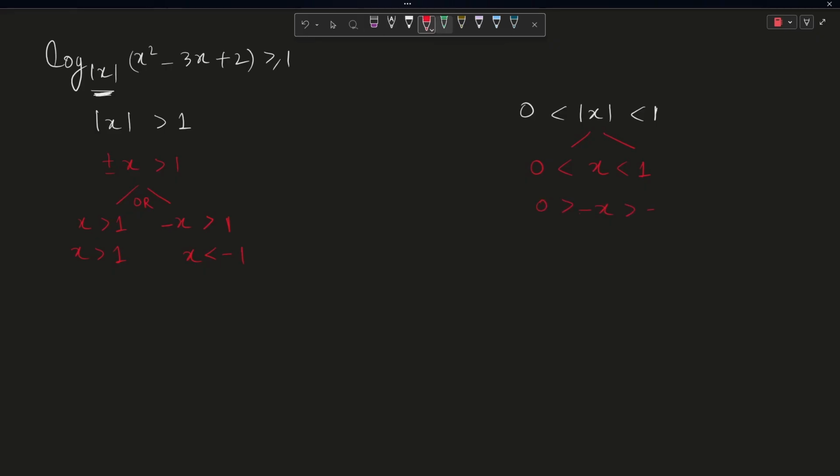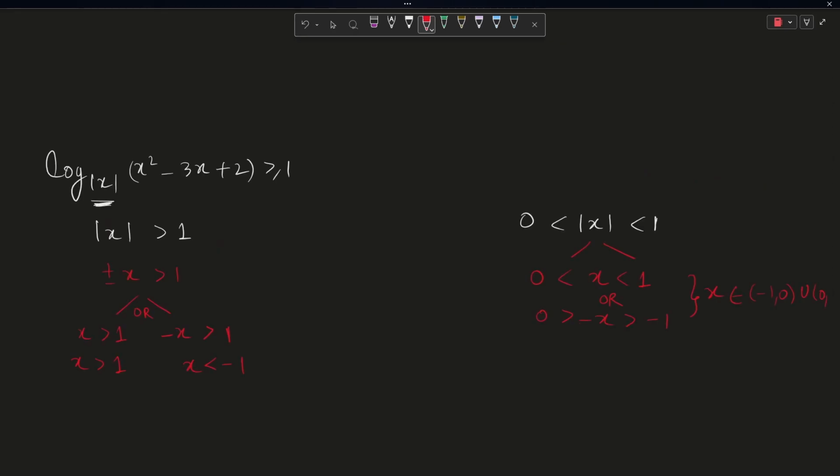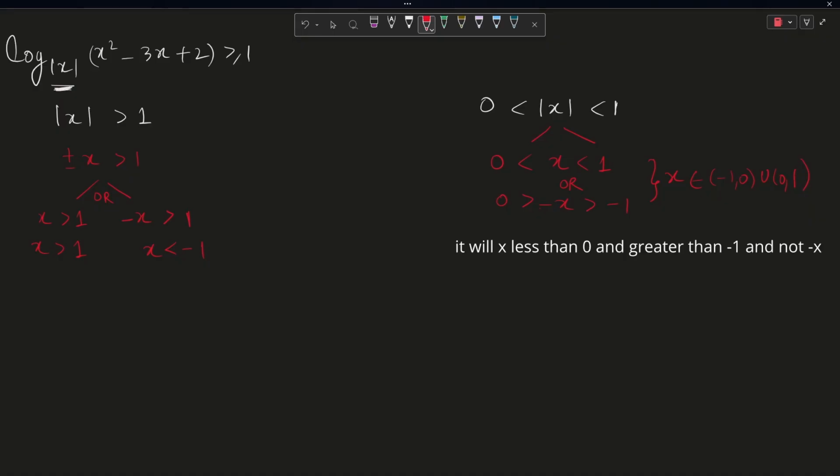So it becomes 0 less than minus x less than 1. Here we have two cases again. There will be an or, that means we will have to take the union between them. So it is minus 1 to 0 union 0 to 1, right?